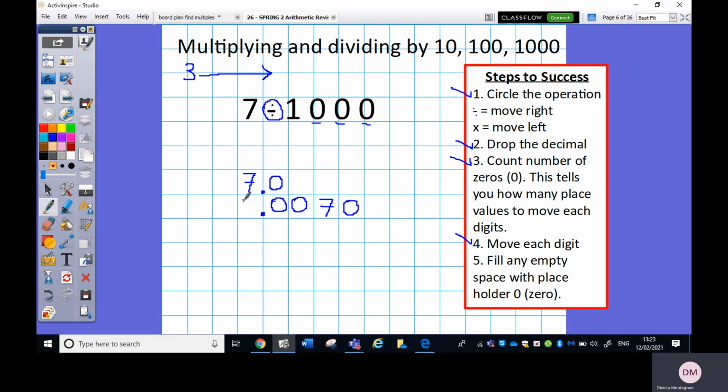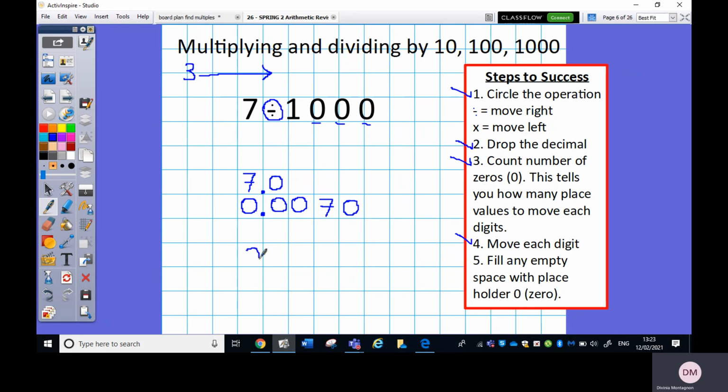No, it's not, because we also need a digit in the ones. If there isn't a digit in the ones, then we must always put a 0. Do I need this 0 at the end? No, I don't need a 0 at the end because there isn't another digit here.